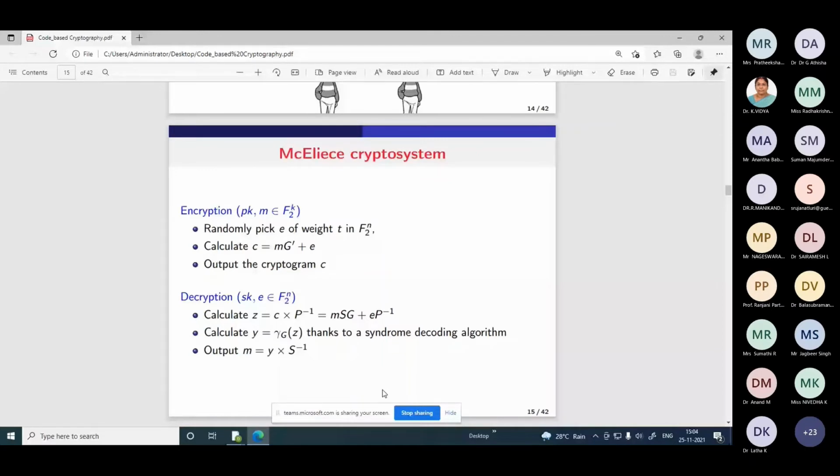So actually, this crypto system is well studied for the past 40 years. Its growth is analogous to RSA, right? At that time itself, this crypto system was well developed. But why are we not using this crypto system in practice? Because of its huge public keys.